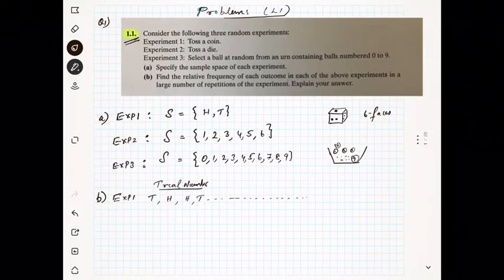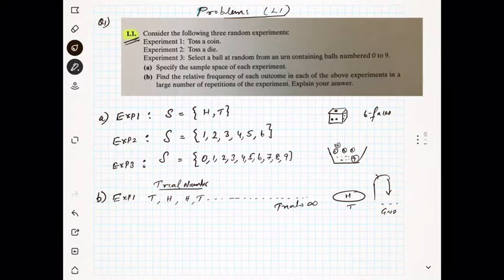If you take a coin which has a head and a tail, and you are tossing it on the ground, for example, and if you repeat this experiment infinite number of times, you may get an equal number of heads and tails.